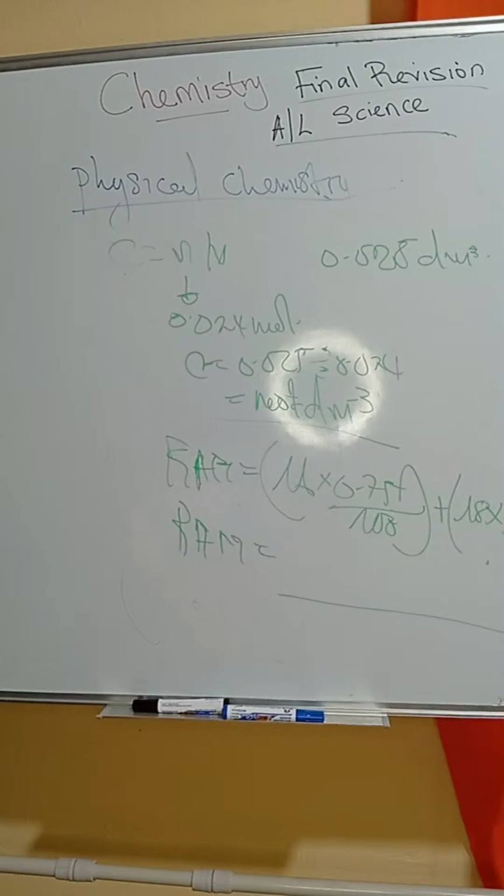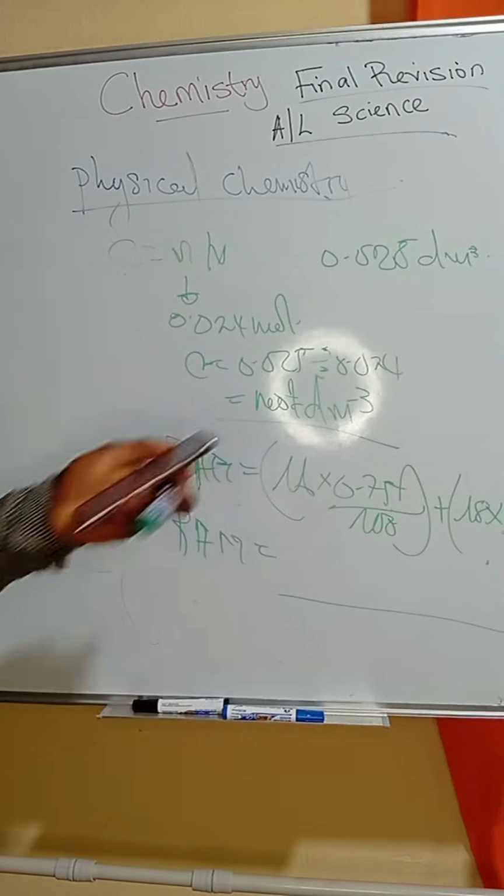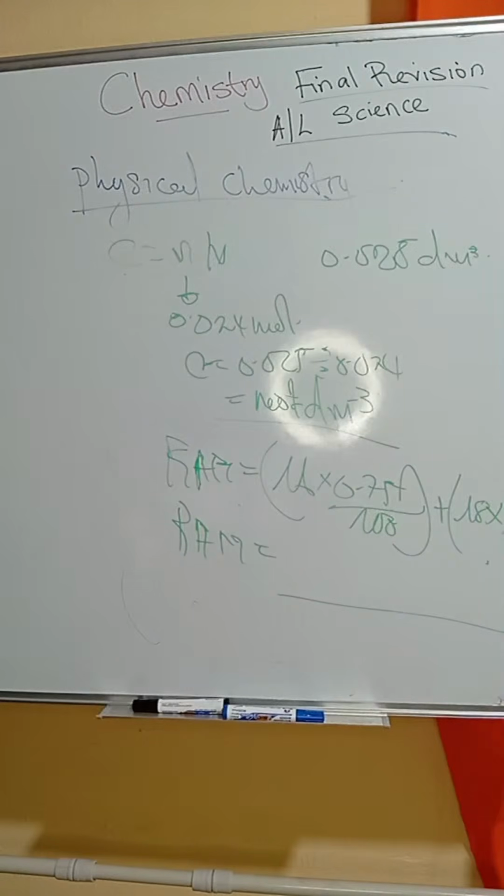It will still bring you back to the same thing. It doesn't change anything. It's just that I'm multiplying it on this side. So do it and sum up, and you are going to have the RAM. Are we together? So the doubt has been clarified.